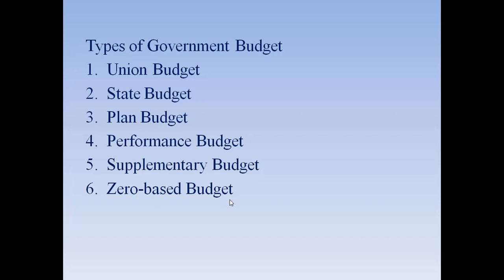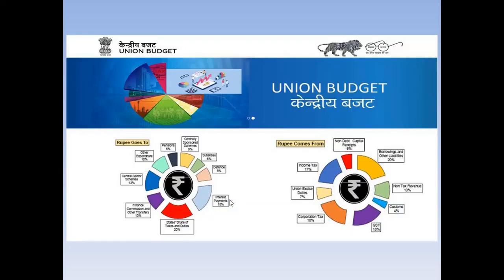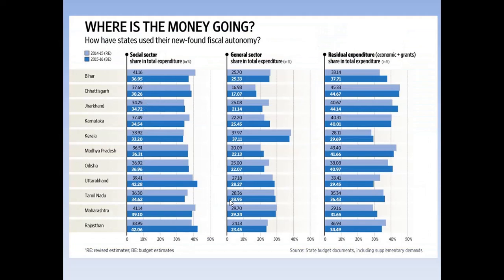Okay, now what about the state budget? As the name suggests, the state budget is the budget prepared by states. It's like West Bengal, Bihar, Jharkhand, Rajasthan, UP, MP, Gujarat, Maharashtra. So let's have a look at this chart where you can see the budget of the state.